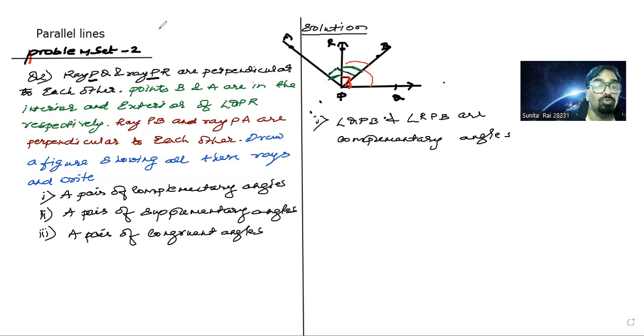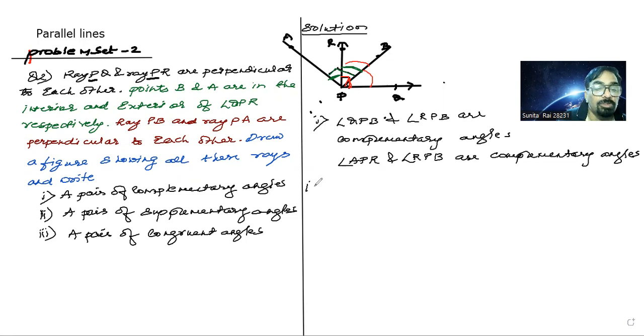Got it? ये दोनों भी complementary angles हैं. So naturally, I'm going to write here angle APR and angle RPB are complementary angles. He wanted only one pair, but I have written both the pairs. Okay? Complementary angles. Okay? Now, we go to the second one.